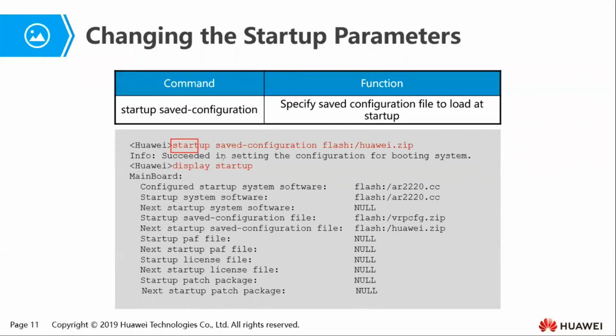So if you want to implement the next startup configuration file, we use the startup saved configuration command, then the location and the name of the configuration file that we want to be implemented for use by the router in the next startup. Okay, thank you very much, ladies and gentlemen. That is it.